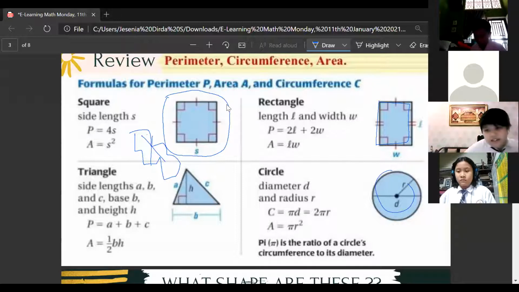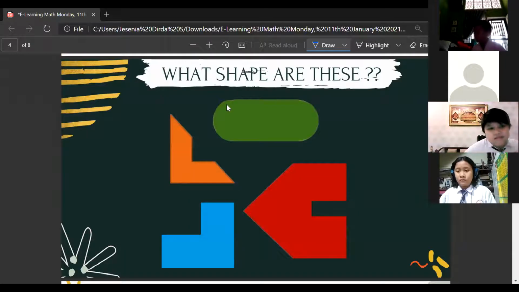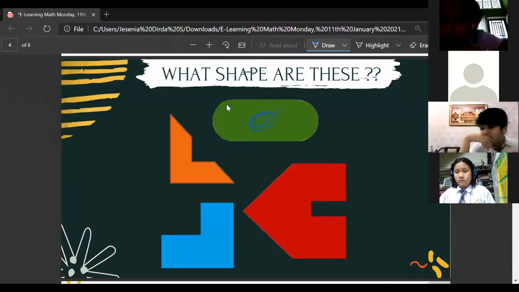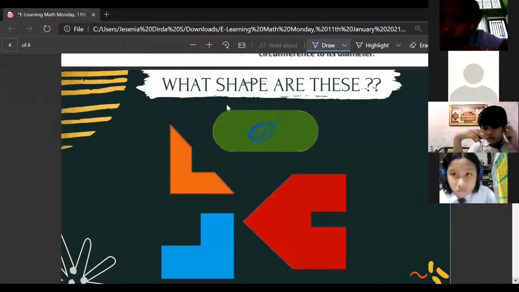And then like this, if I ask you what shape is this, kamu pasti nggak bisa bilang gini, it is circle, or it is triangle. Nggak bisa kan? For example, ini. Kalau Miss tanya, what shape is this? How can you answer me? It's composite figures.